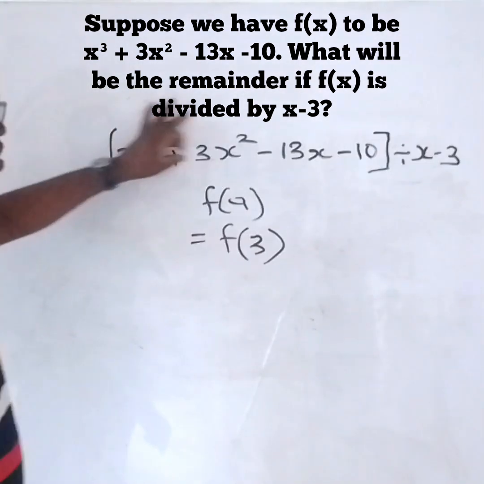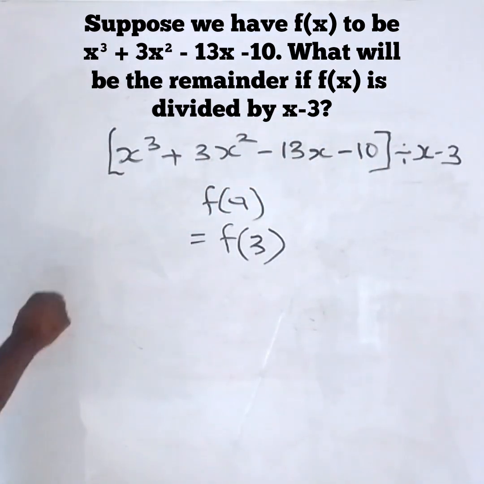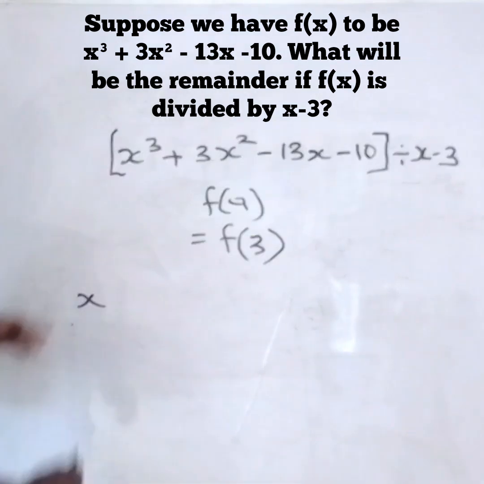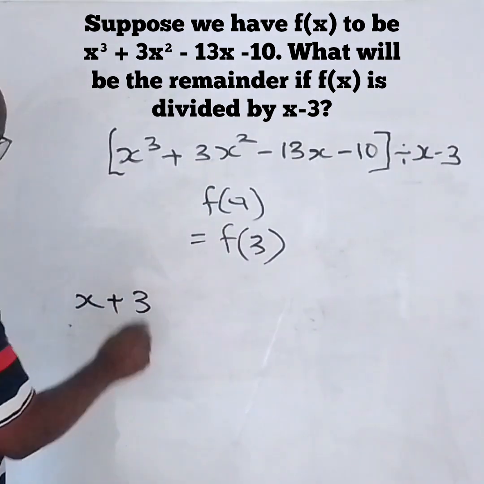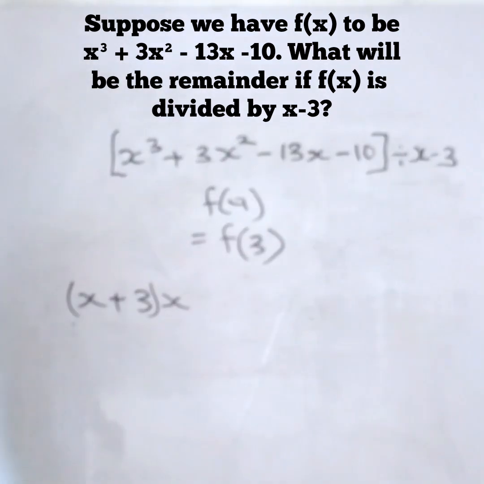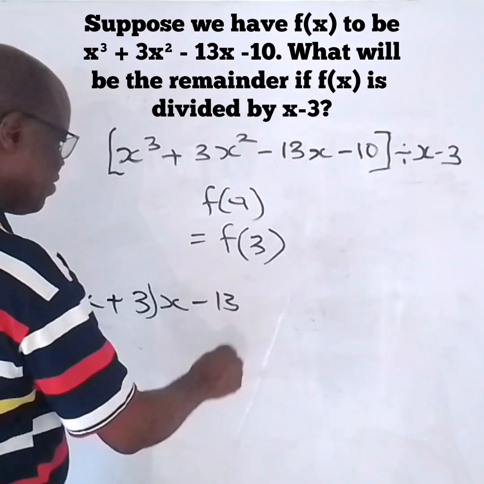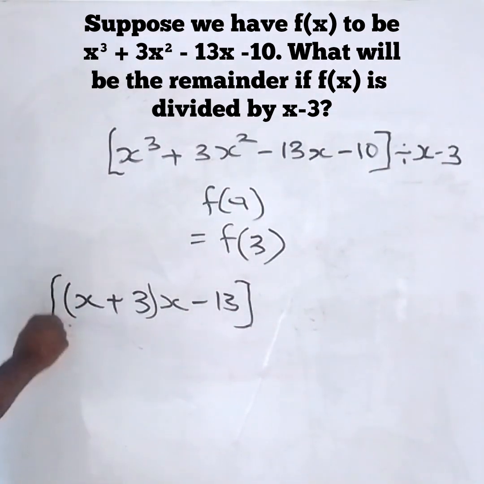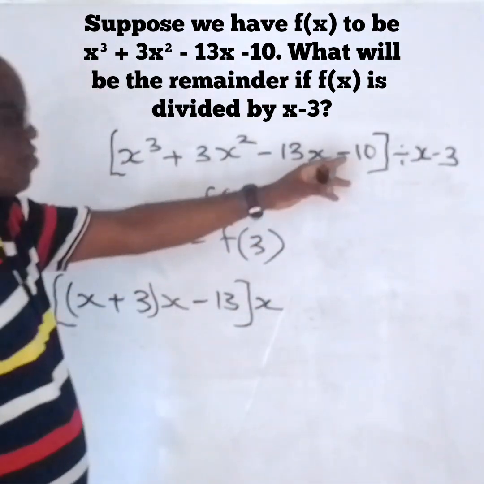So what you do is this, just nest this one, put this one in a nested form. This is 1, then you put your x. There's no need of putting this 1, since it is 1. So you put x, then plus 3, the next coefficient, 3, then bracket it, put your x, and then minus 13. Put this one into bracket, and then put your x, then minus 10.